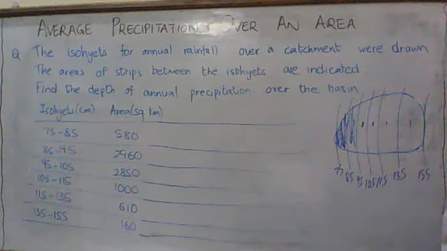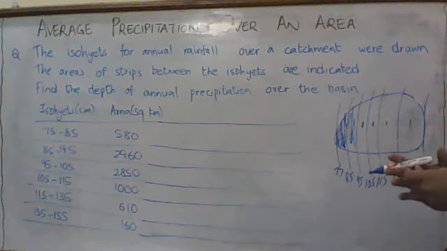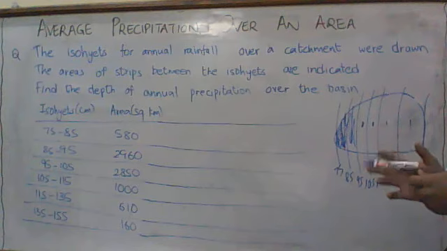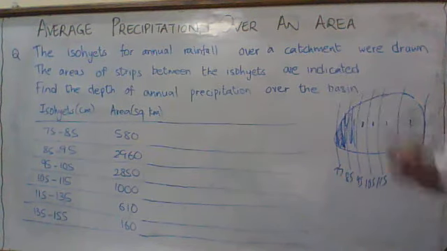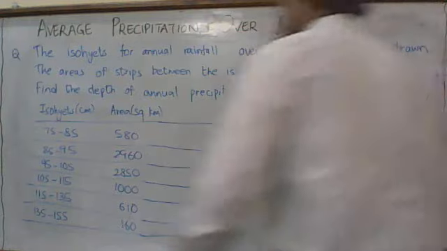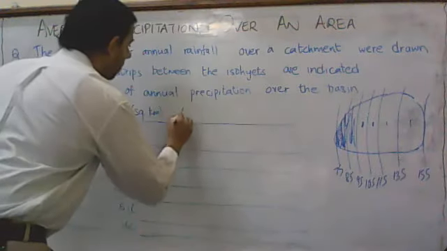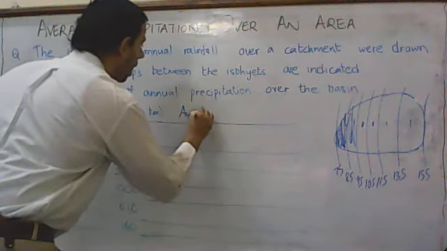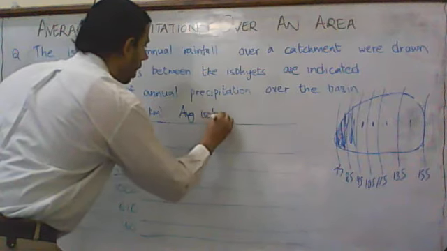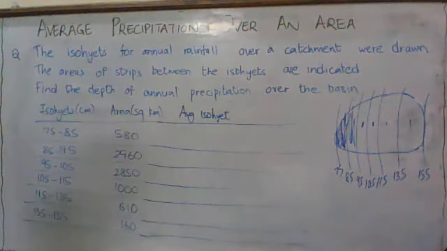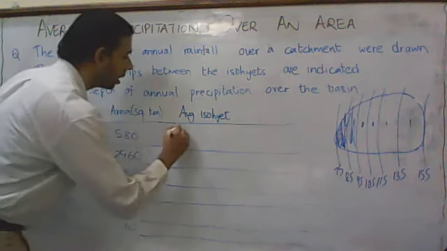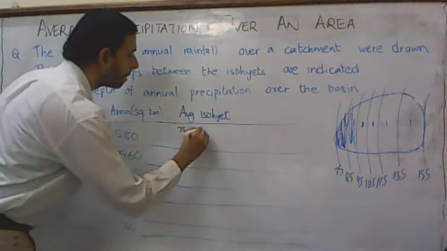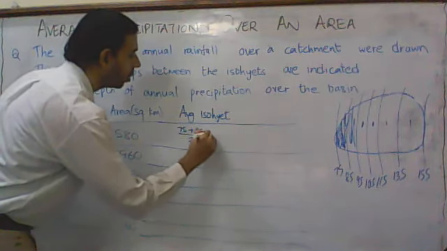So, in order to find out the average precipitation, we will have to calculate the average isoheight. So we will make a column over here, average isoheight values. Now average isoheight will be what? Average of these two, that is 75 plus 85 whole divided by 2.